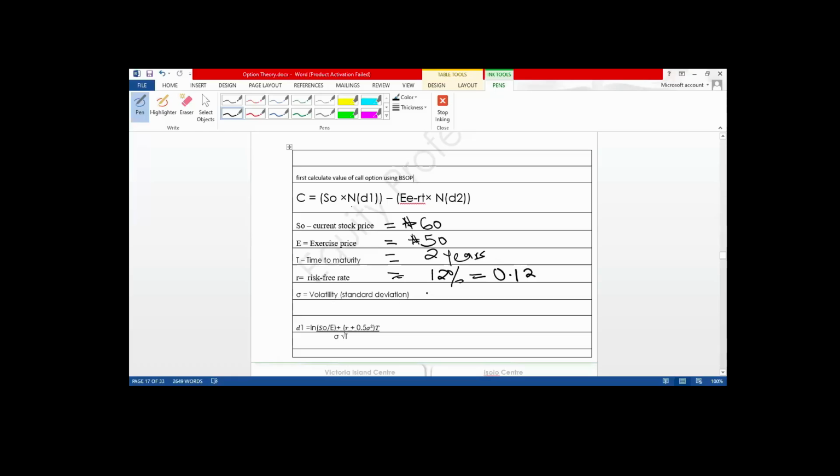Volatility represented by standard deviation, 30%, that is 0.3. We have identified and picked the 5 variables.